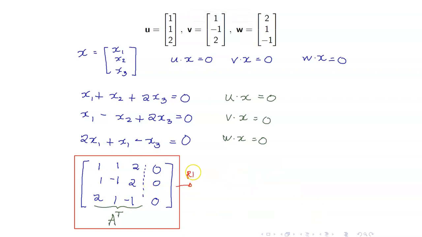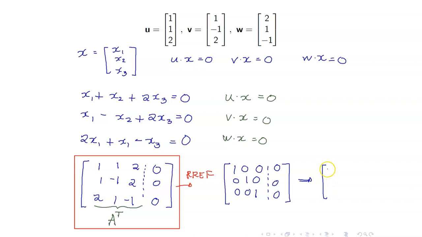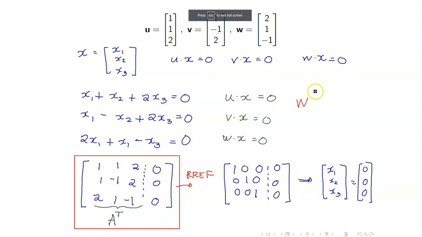When you convert this to its reduced row echelon form, you will get the identity matrix. So that means that x1, x2, x3 is equal to the 0 vector. So hence, in this case, our W perp is equal to the 0 vector.